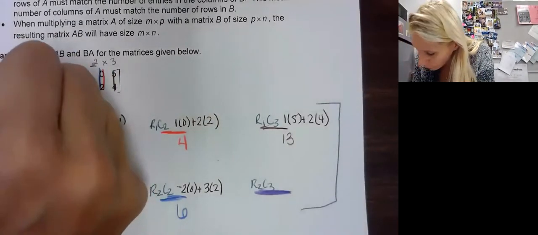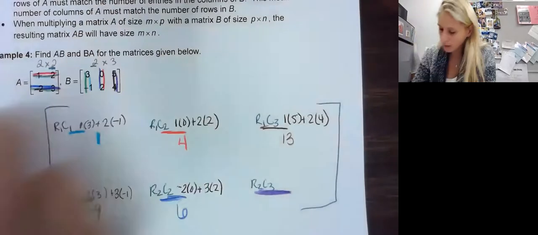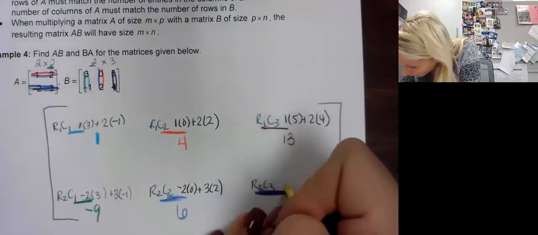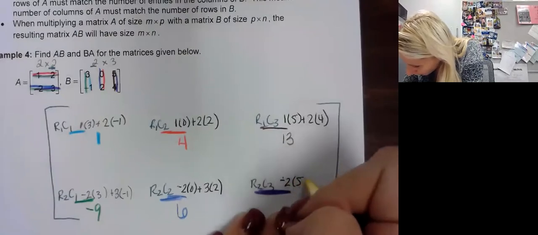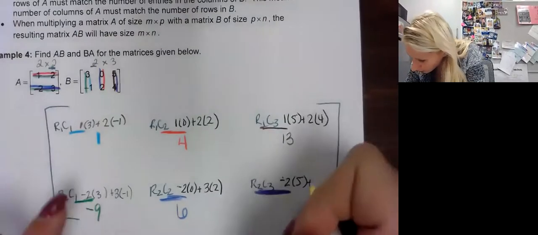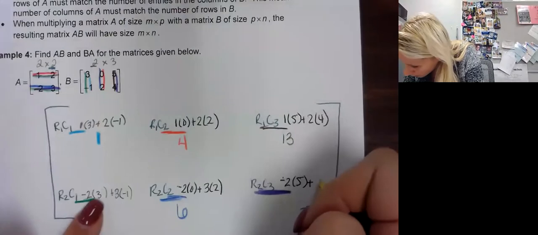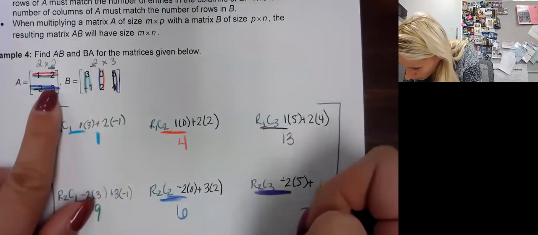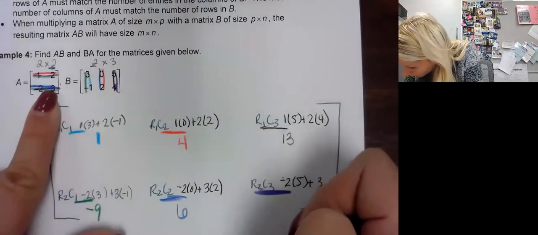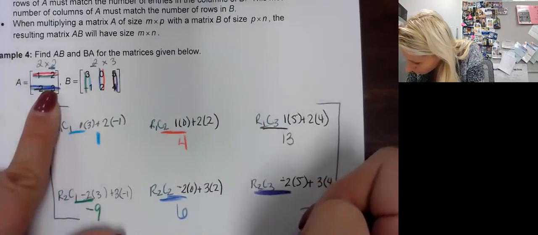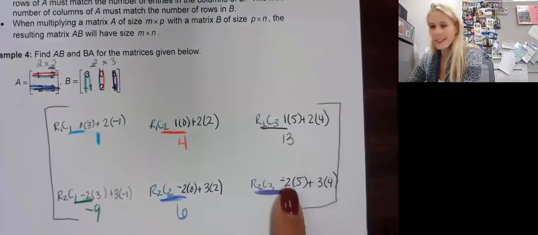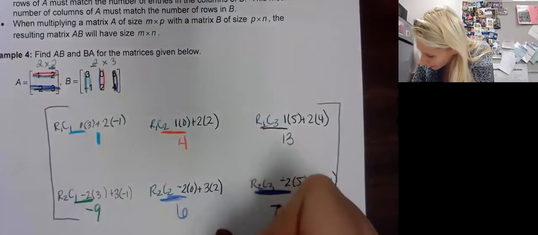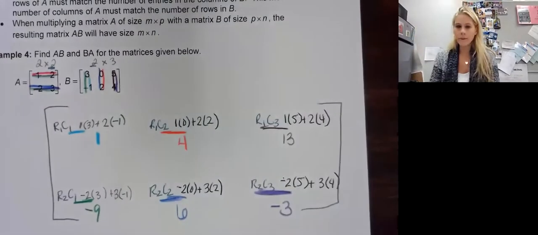Row 2, column 3. So this is -2 times 5 plus 3 times 4. Okay, so that's -10 plus 7, which is -3.